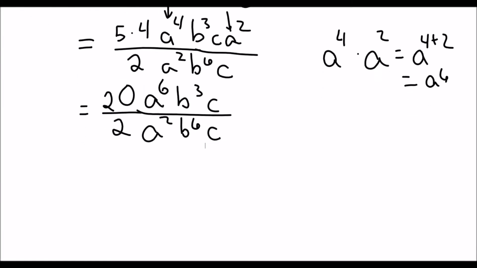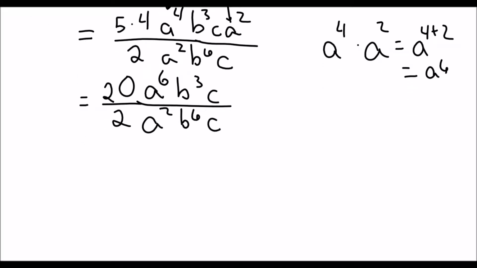All right, let's keep going. Now we want to simplify this. We want to cancel stuff out, divide, and make this as few terms as possible. We know that 20 divided by 2 is 10. Now let's get rid of these a's.